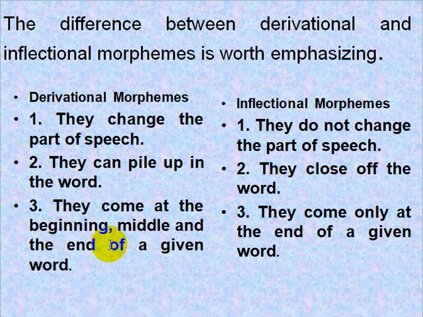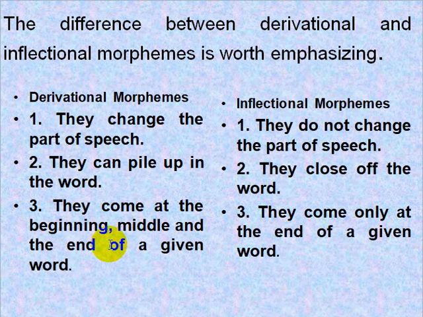Point number 2, they can pile up in the word. The derivational morphemes can pile up in the word, can be attached to the free morpheme in more than one attachment. For example, if we say norm is a noun, normalize again is a verb.